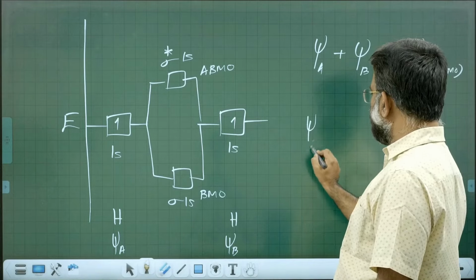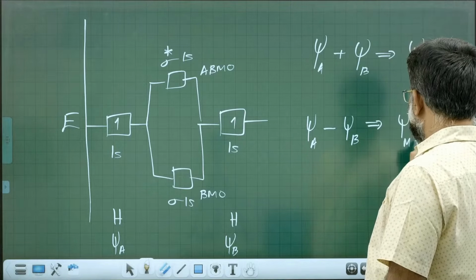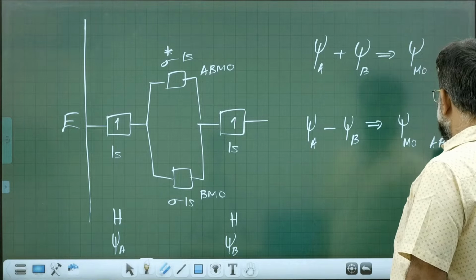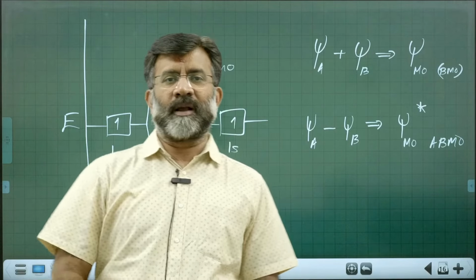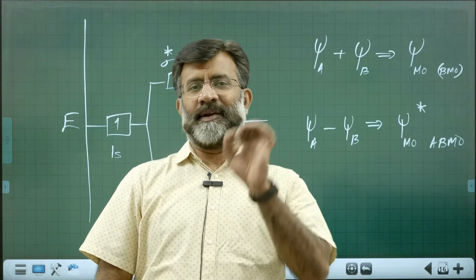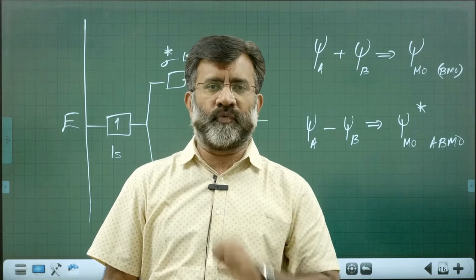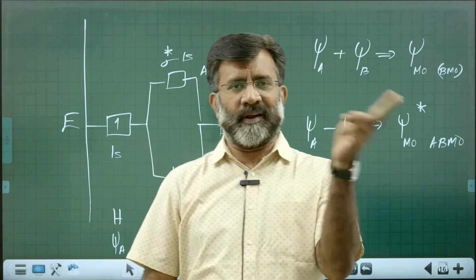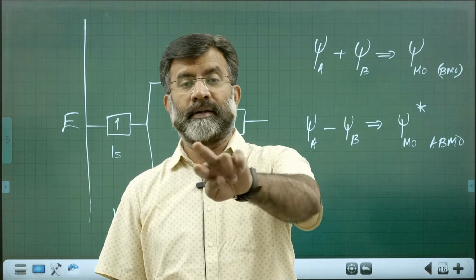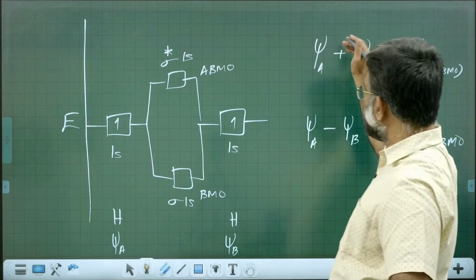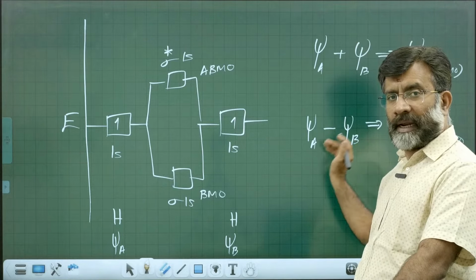And psi A minus psi B, that is giving psi MO star, the anti-bonding molecular orbital, which we represent with a star. So interference of atomic orbital wave functions can take place in two ways. One is constructive interference, addition interference, and one is destructive interference, called subtractive interference.